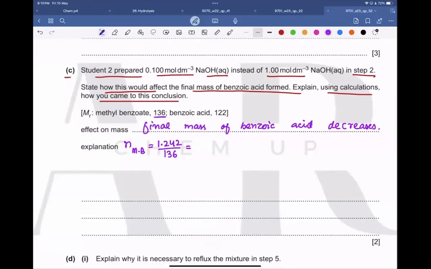Yes, please. Can anyone? It's 9.31 when we are putting it in three significant figures, exponent minus 3.